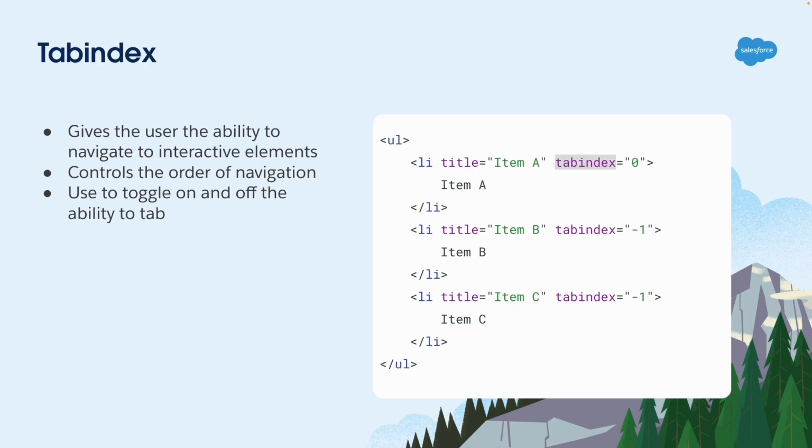But if you do need to introduce some kind of other order in the tabbing, other than the order that the elements are presented in the DOM, you can go up the number line in the tab index value, and the user will tab to the items in the numeric order that they are identified. The other value that we have for the tab index property is -1, and that takes away the ability to focus the element.